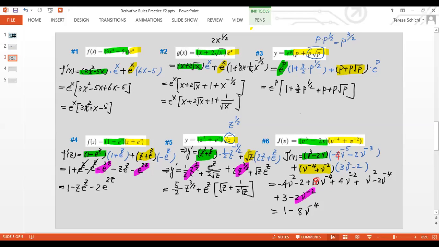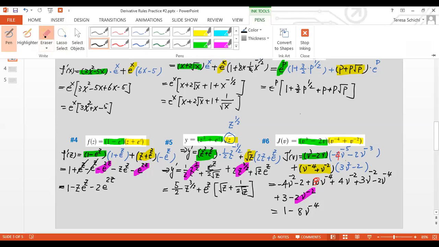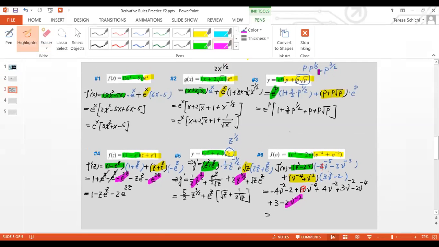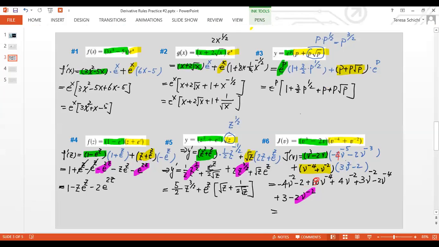Now let's take a look at the bottom. So it's 3 times v to the negative 2, and then negative 2v4, then this will be plus 3 minus. Okay, so far so good. All right. Okay, so now let's find the similar term to combine. All right, so the similar term, we have v to the negative 2.